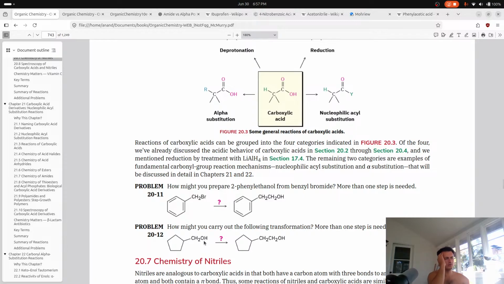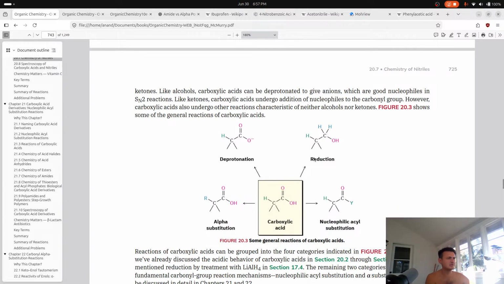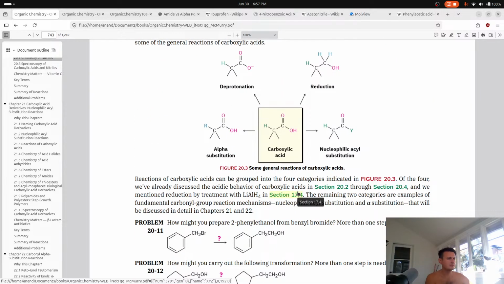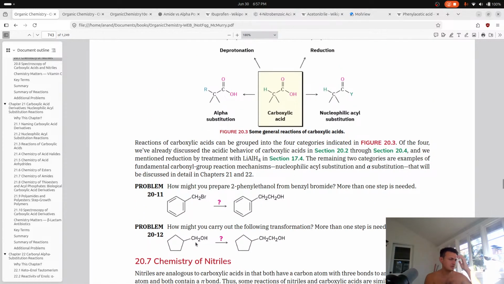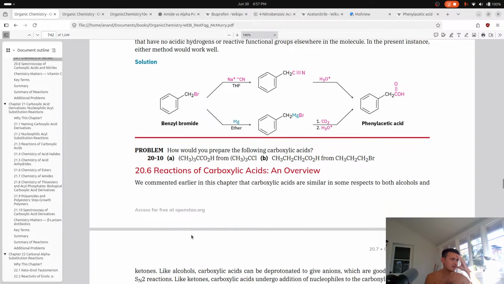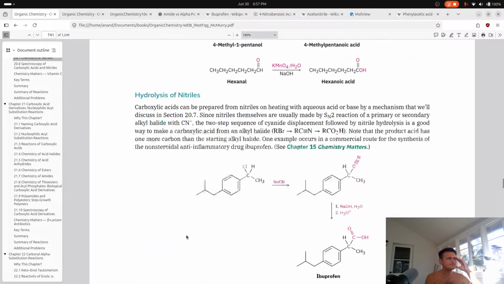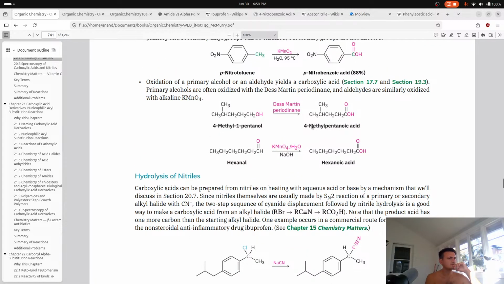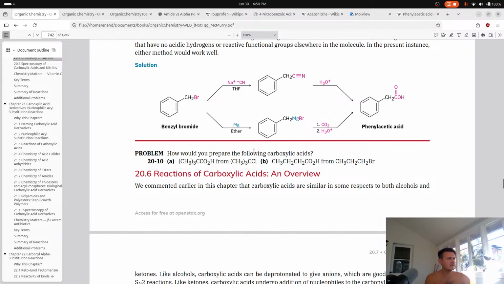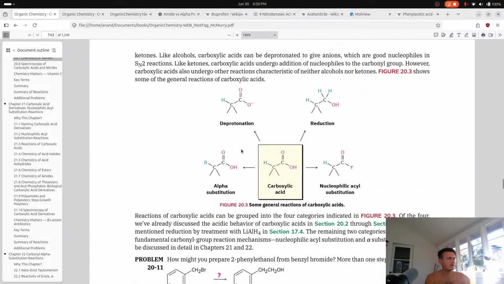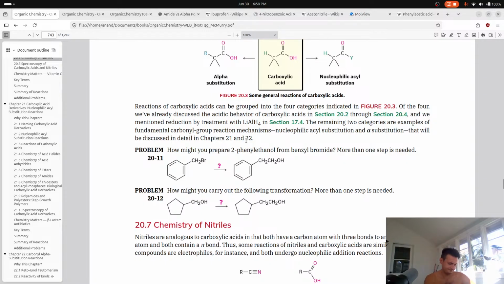So here, do we have a way to oxidize it? Yeah, so we can use DMP to take a terminal primary alcohol.